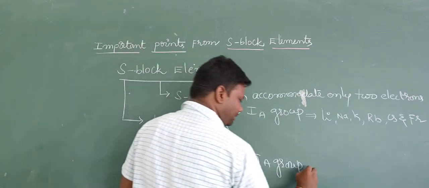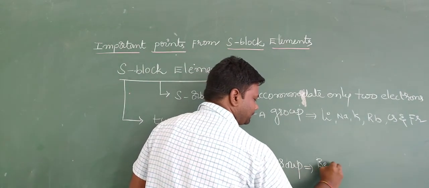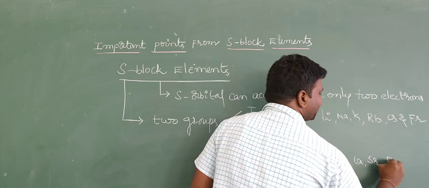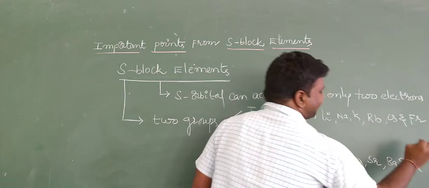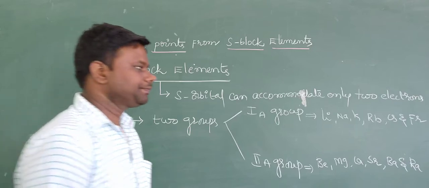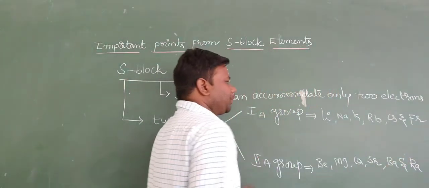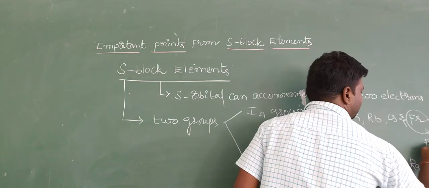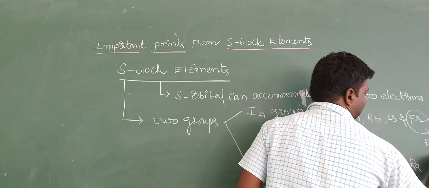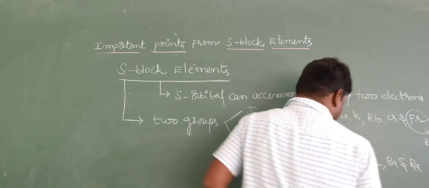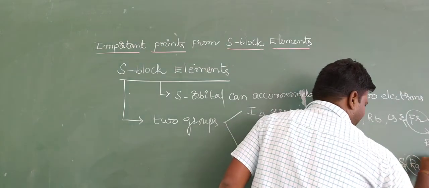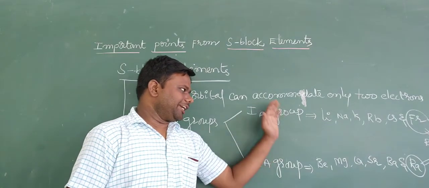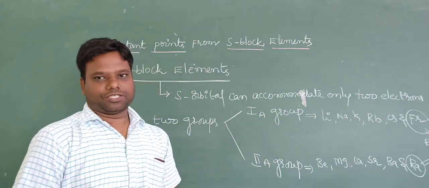Second A group elements are beryllium, magnesium, calcium, strontium, barium and radium. In first A group elements, francium is a radioactive element. In second A group elements, radium is a radioactive element. First A group and second A group elements belong to the S block elements.